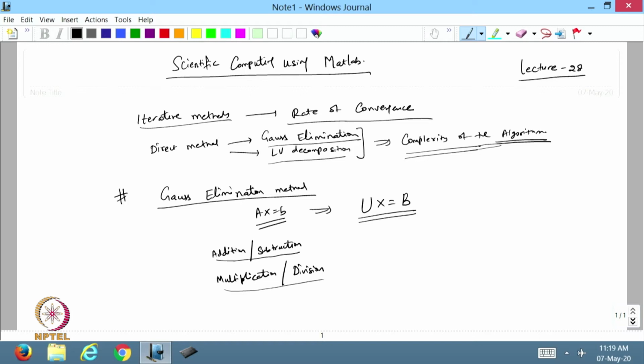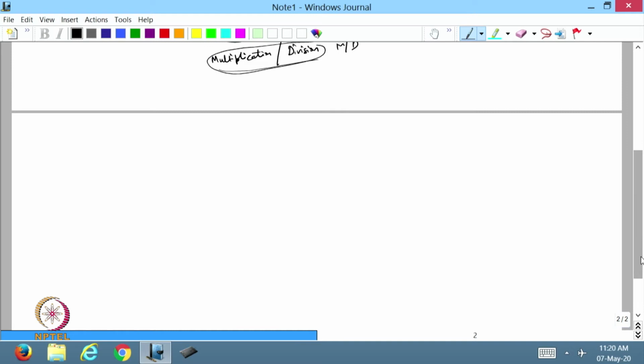So, addition and subtraction are treated as one kind of operation, and multiplication and division are also treated as one. So, let us try to find the complexity of the Gauss elimination method.